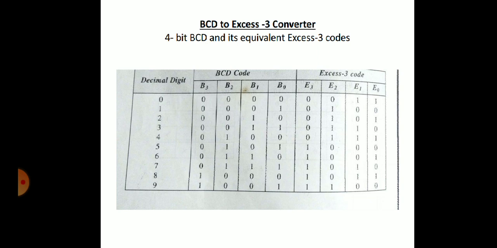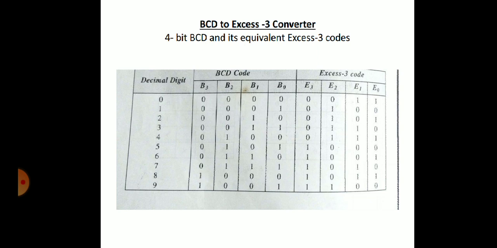Next decimal digit is 1. So for XS3, 1 plus 3, that is 4, and you can represent 4 as 0100. Last one, 9. For 9, what will be the XS3 code? 9 plus 3, that is 12. So the number will be 1100.